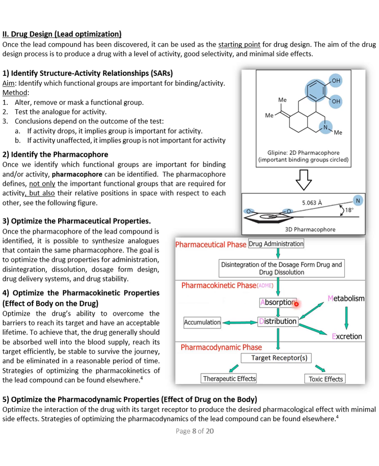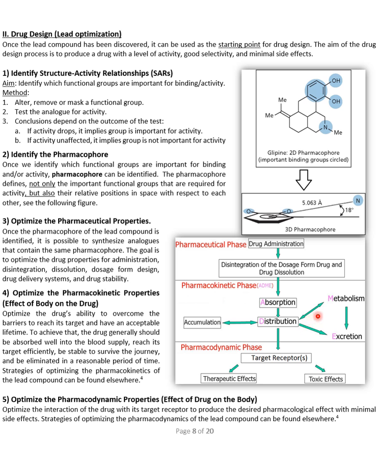So then once the drug is absorbed, it's in the blood circulation, and it's going to be distributed by the blood into other parts of the body, reaching the target site. During the distribution phase, it could maybe bind to fatty tissues and accumulate, and this would give the drug a longer duration of action.